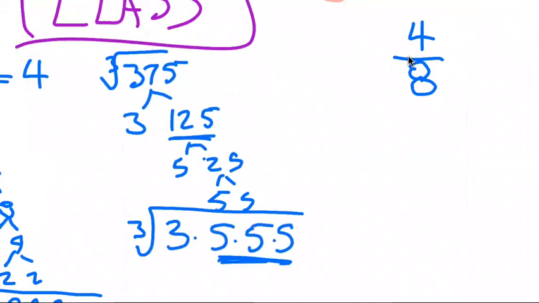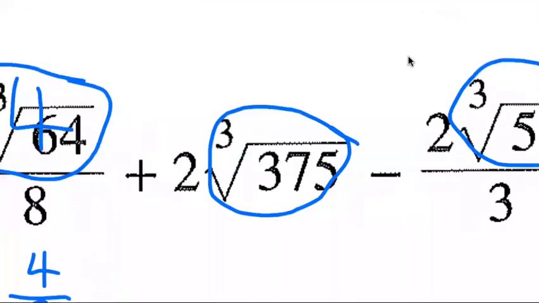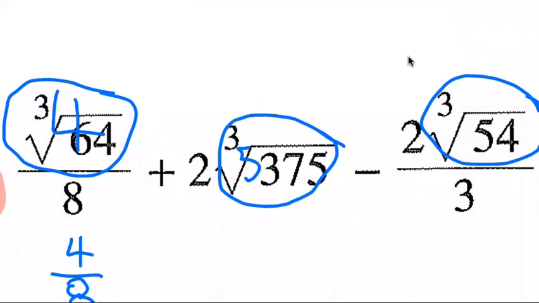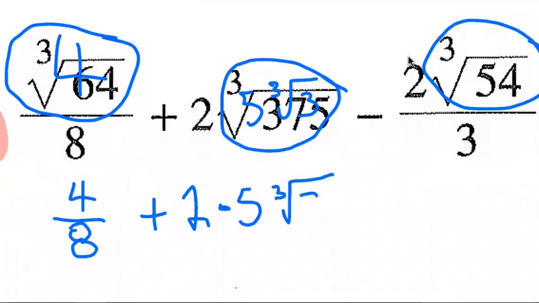There's our group of 3, so the 5 is going to pop out. We're left with cube root 3. So this simplifies to 5 cube root 3. I could rewrite this now as plus 2 times 5 cube root 3. And of course, I'm going to simplify the 2 times 5 in a minute.